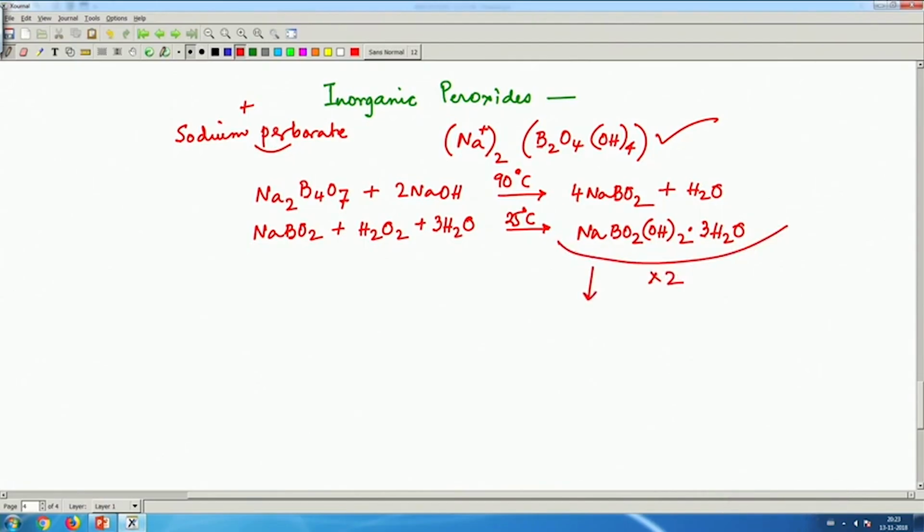Then we go for cooling to 15 degrees centigrade, and that cooling is basically responsible for precipitation, and that precipitate can be filtered off, so we get the mother liquor back, which can be recycled.